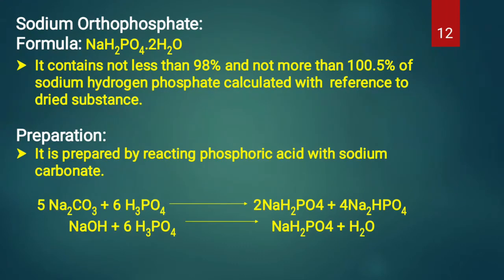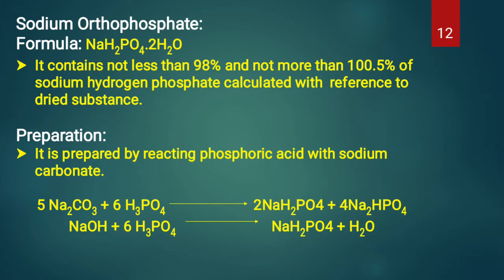Sodium orthophosphate, another example of a cathartic. The formula for sodium orthophosphate is NaH2PO4.2H2O. It contains not less than 98% and not more than 100.5% of sodium hydrogen phosphate calculated with reference to the dried substance. Preparation.